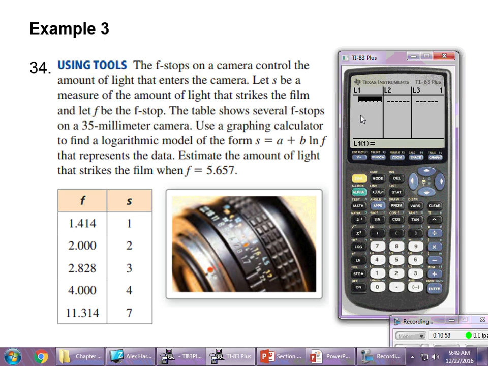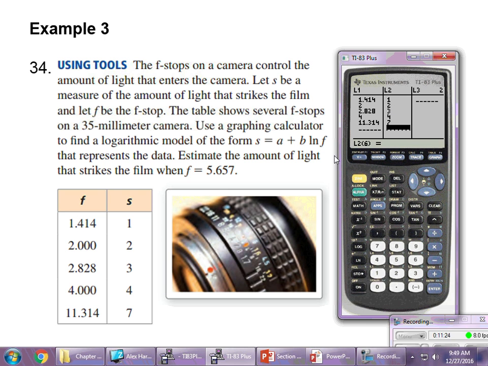All right, so list one, our inputs, those are the f-stop values. I've got 1.414, 2, 2.828, 4, and 11.314. Then the outputs of the whole function are 1, 2, 3, 4, and 7.